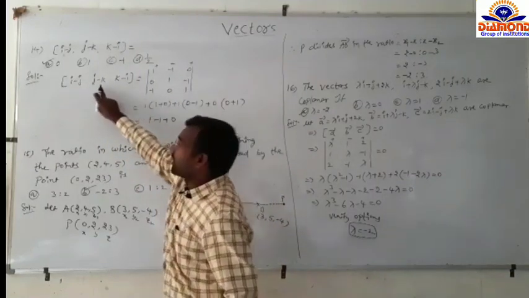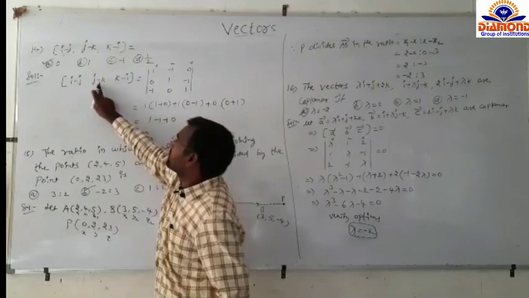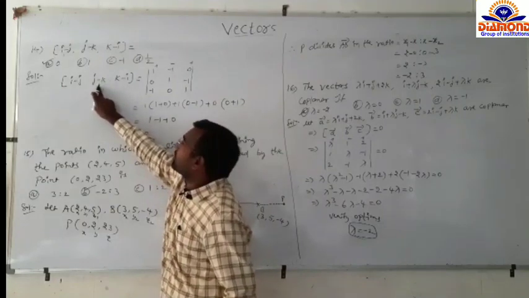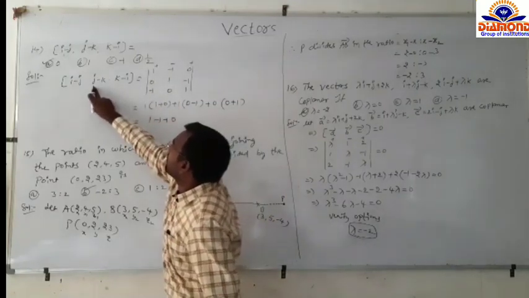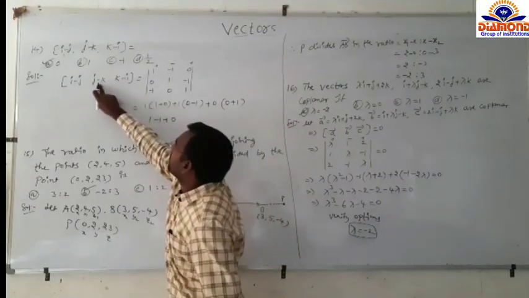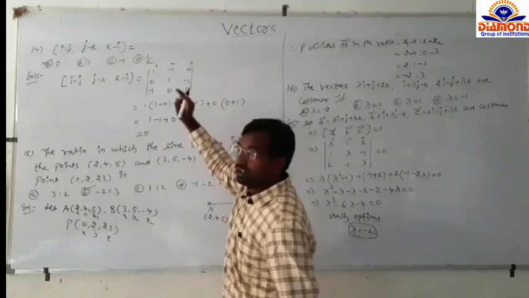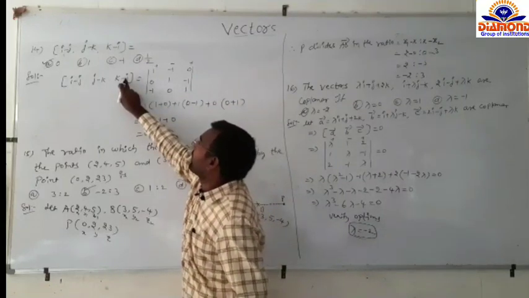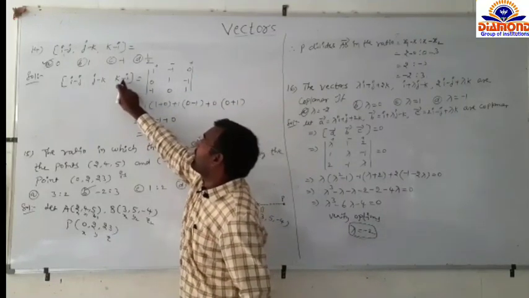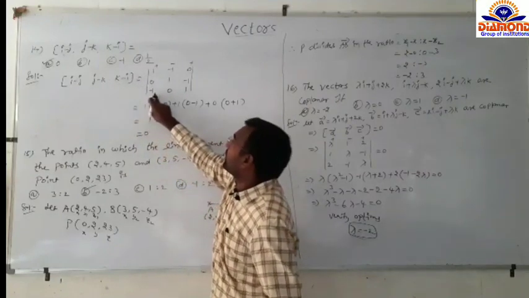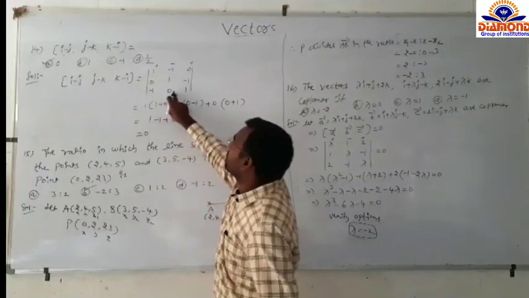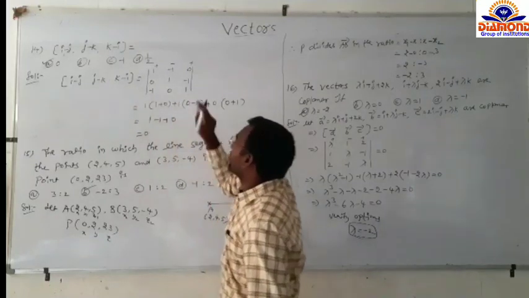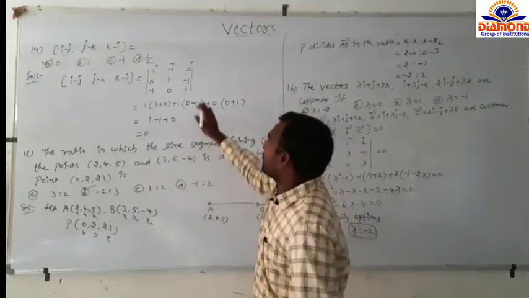Next row, second vector j minus k: i is not given, so put 0, next j coefficient is 1, k coefficient is minus 1. Next third vector k minus i, written as minus i plus k, so i coefficient is minus 1. Here j is not given, so write 0. Next k coefficient is 1. So find out this determinant value.